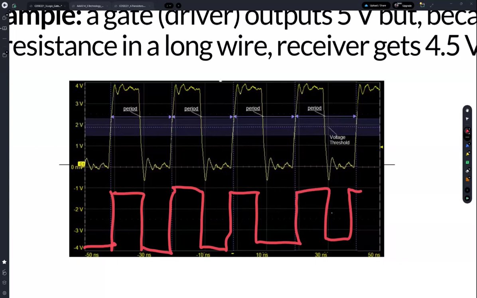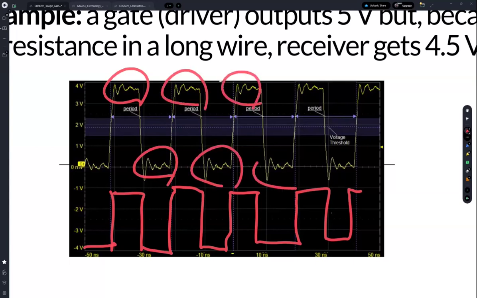But if you see the real waveform of this clock signal, you can find that it's not clean, right? Ideally, the signal needs to look like this. But in the real world, because of noise, the signal levels are distorted.